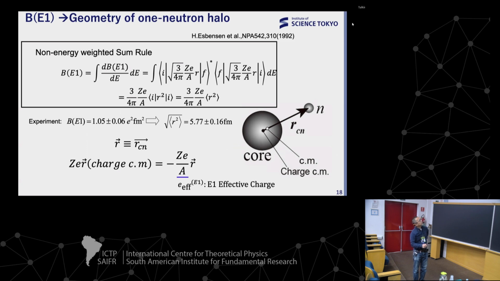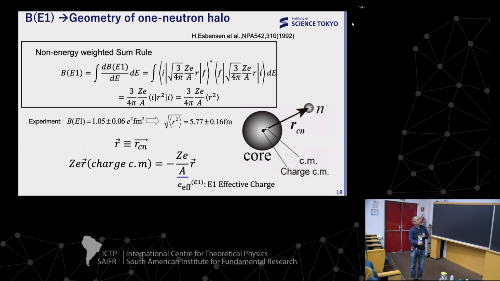And I just said that here ZE over A is related to the so-called E1 effective charge. The E1 effective charge is nothing but the charge, this is ZE, and then the distance between the charge center of mass and the center of mass itself.